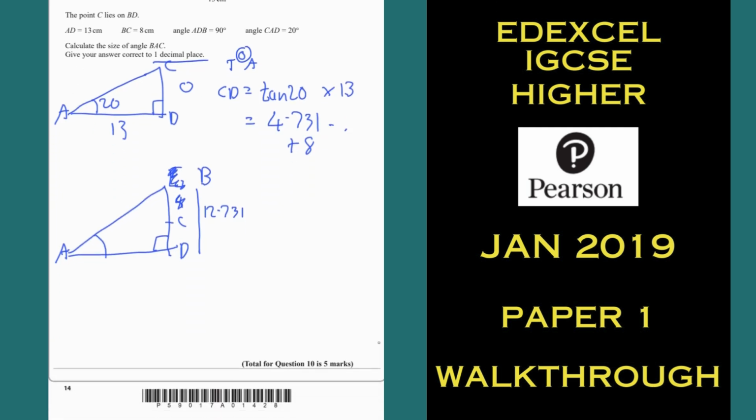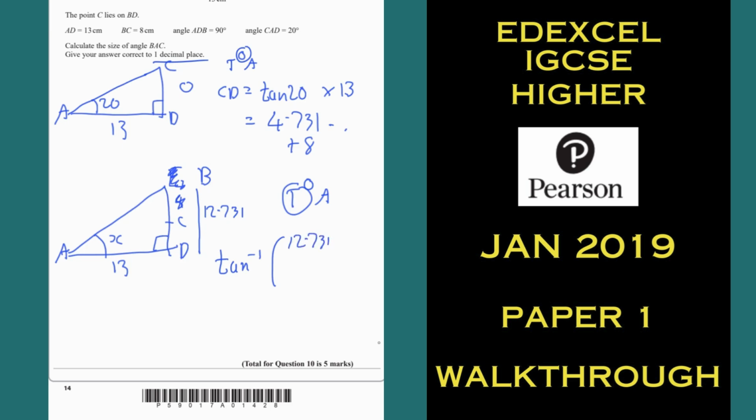And we can move on to phase 2 of this question. We now want this angle here. I'll call it X. We've got the adjacent again. It's 13. We've got the opposite. It's 12.7. It's another tan. This time we want the angle. Don't forget, when you want an angle, it's inverse tan or shift or second function, whatever your calc's got.